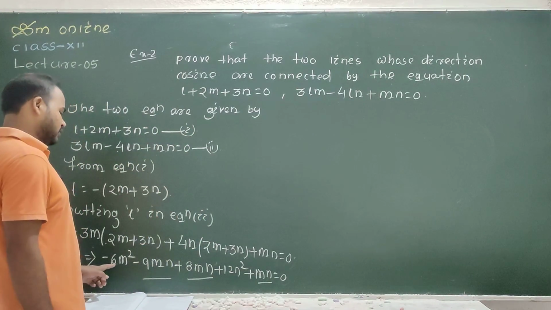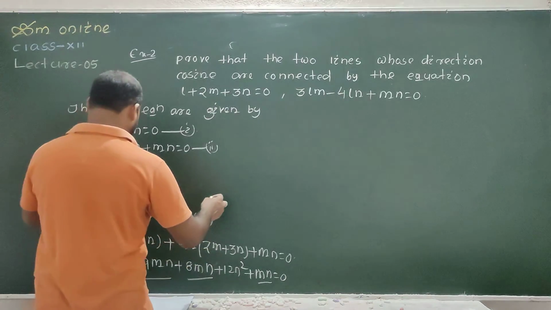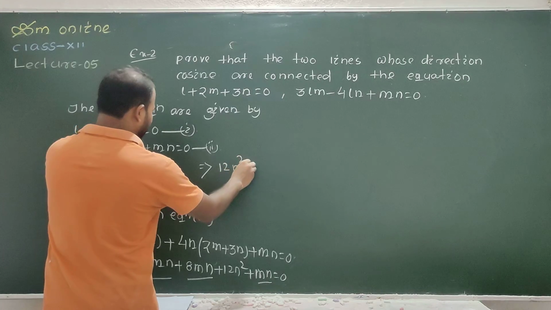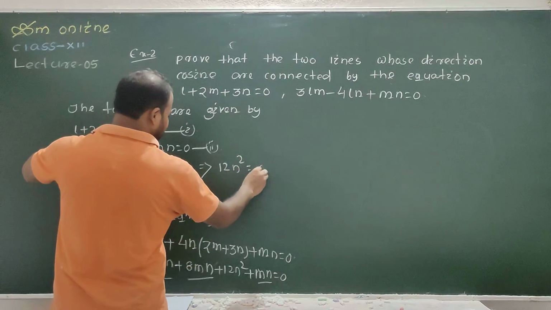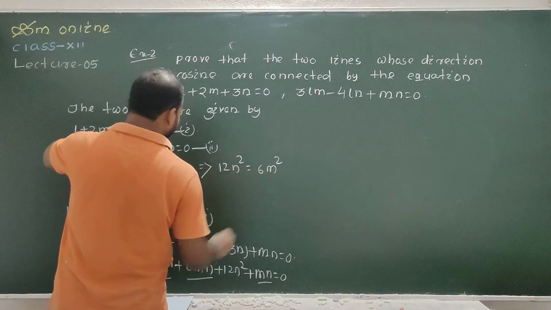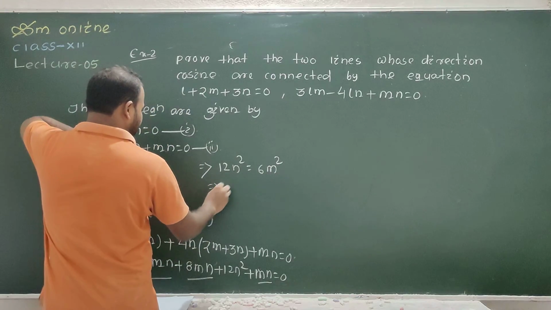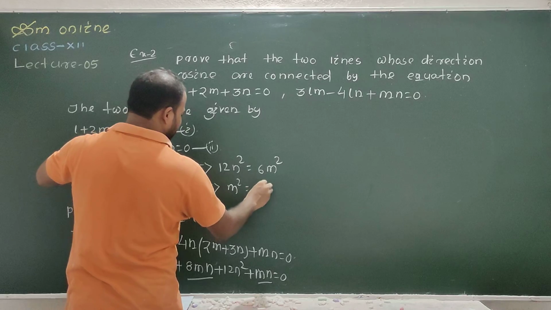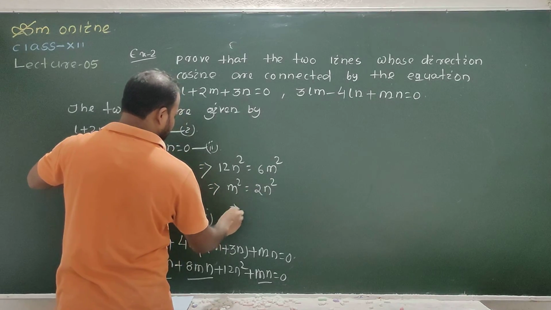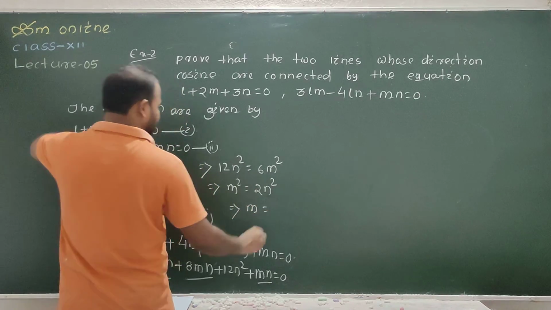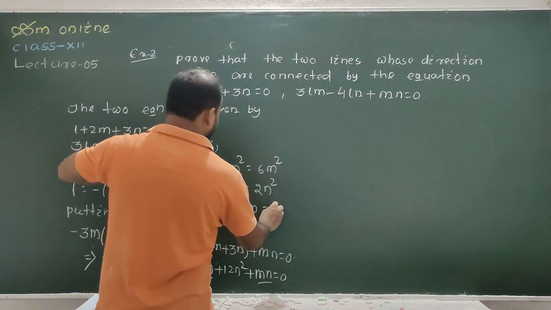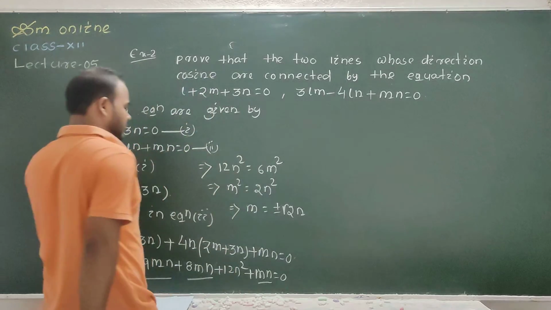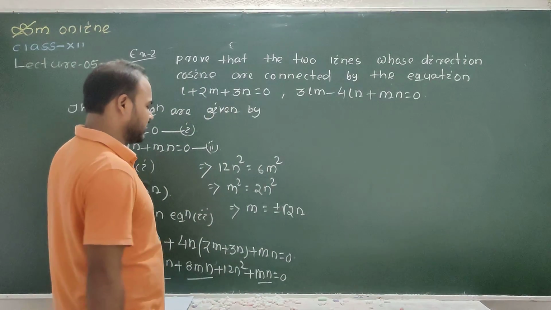So here 12m square equal to 6m square, so it implies that m square equal to what? This is 2n square, or m equal to plus minus root 2 into n. Okay, this is the value of m.